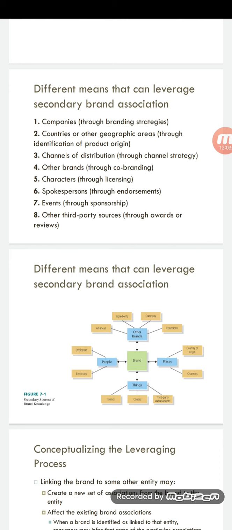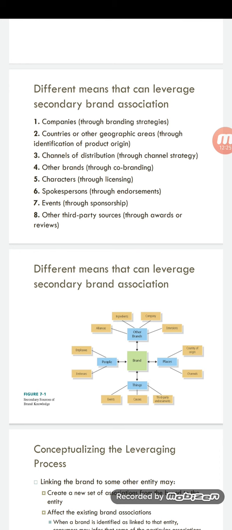Next comes events. As all of us know, events are very important strategic tools, or strategic platforms, through which secondary brand association can be done. The first name that comes to my mind is Manikchand Filmfare Awards.